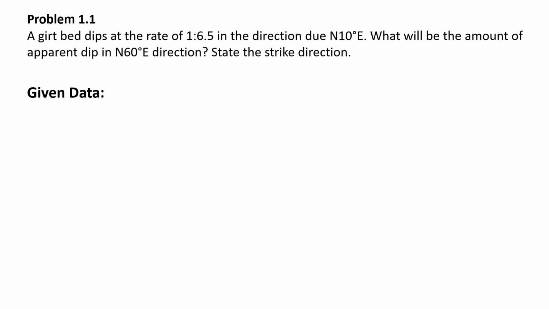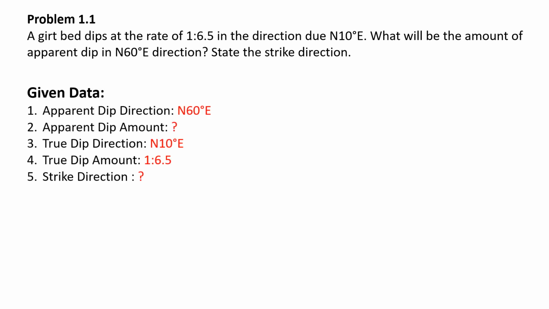So first write down the given data, what all they have given. These are the basic 5 points which will be given in these problems. Among these they will give us 2 or 3 known, and we have to find out the other 2 or 3 unknowns.